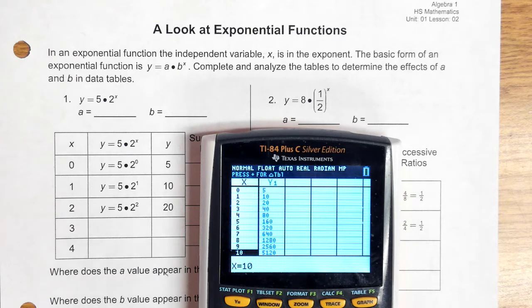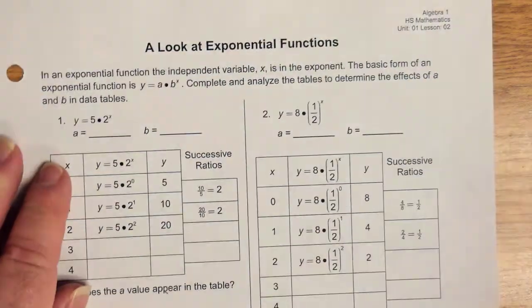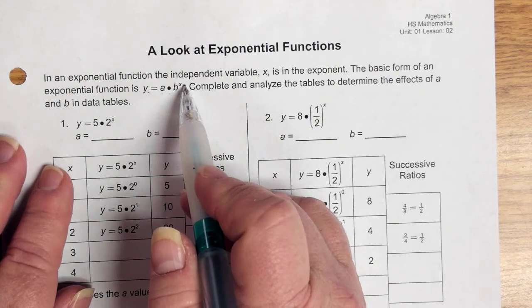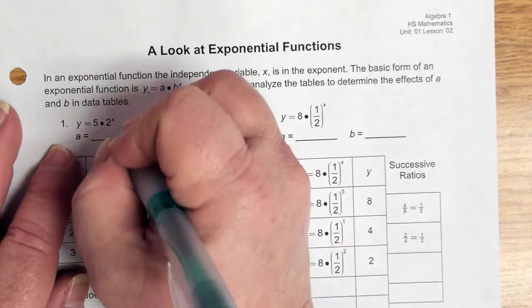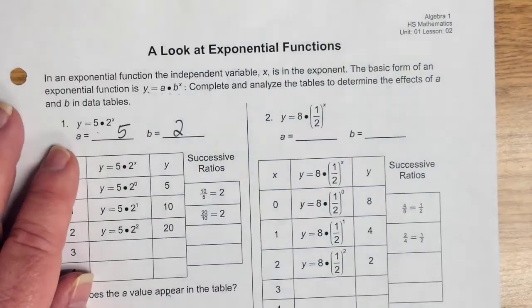And that's one of the things that we use this for, to watch that growth and to track it. So our a value in this situation, if you notice y equals a times b to the power of x, our a value is 5. Our b value is 2.